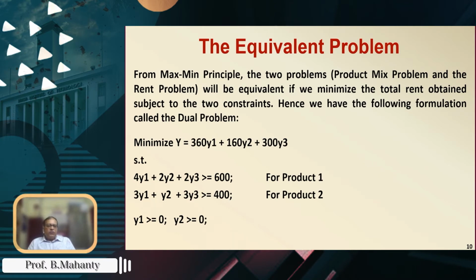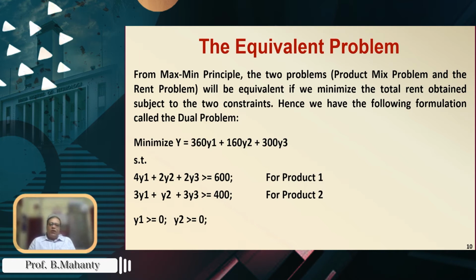Minimize y equal to 360y1 plus 160y2 plus 300y3 subject to 4y1 plus 2y2 plus 2y3 greater than equal to 600, and 3y1 plus y2 plus 3y3 should be greater than equal to 400 for product 1, and this is for product 2, and y1 greater than equal to 0, y2 greater than equal to 0, and y3, which is not written, should be also greater than equal to 0.